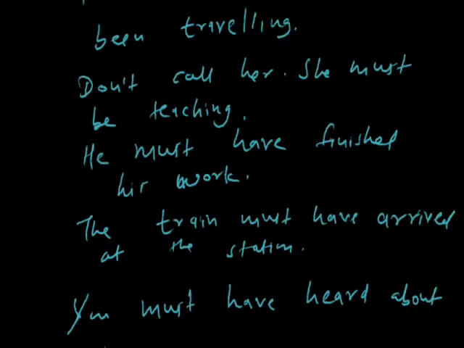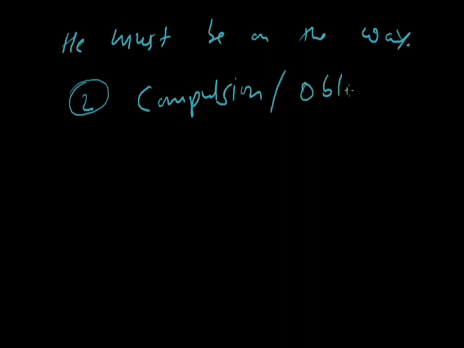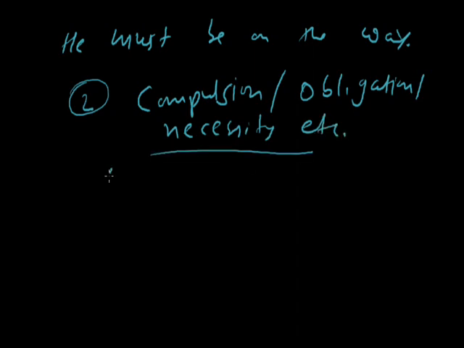And we did the first use of must. The second use of must is to show compulsion, the synonyms of which are obligation, necessity, etc. For example, you must be regular.